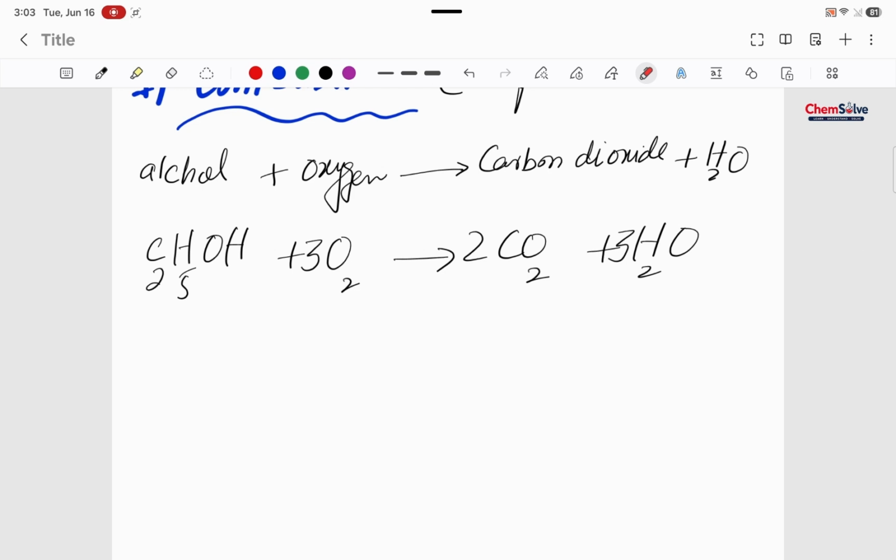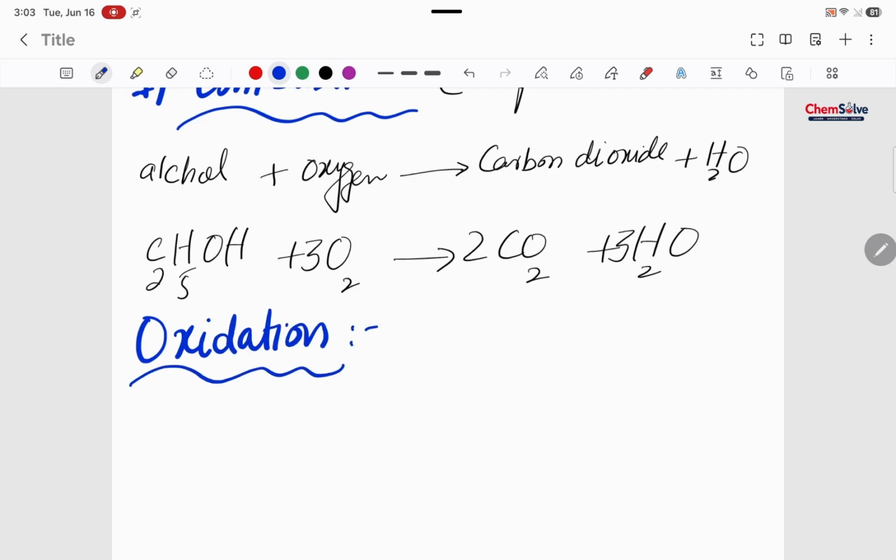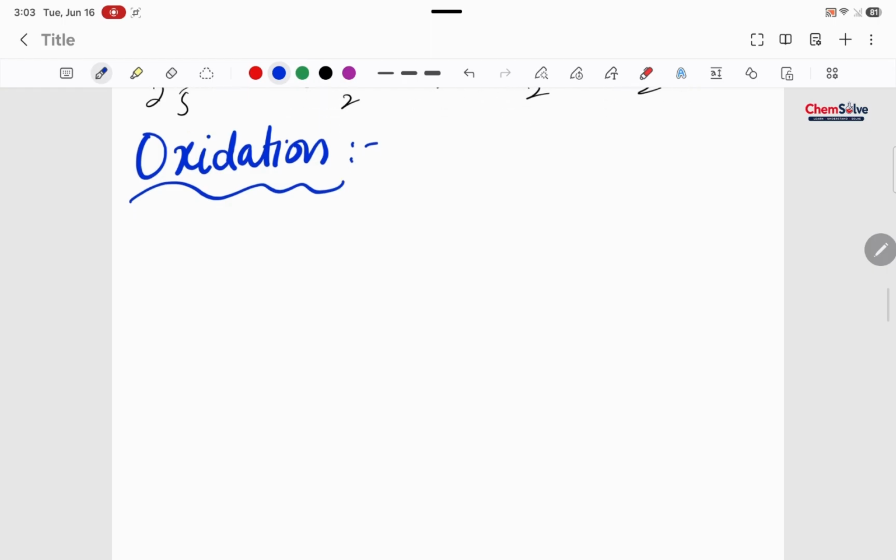Now coming towards the second property, that is called oxidation. My dear student, oxidation takes place in two ways.